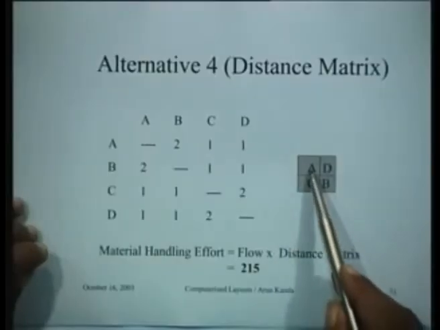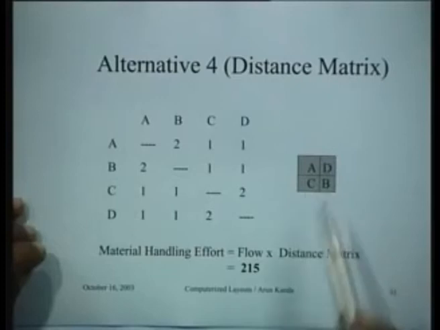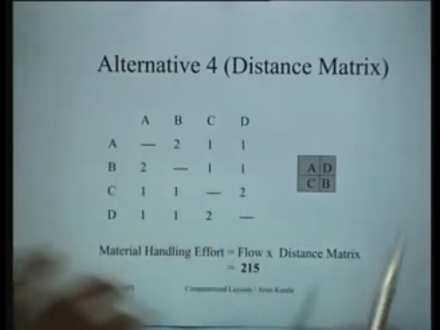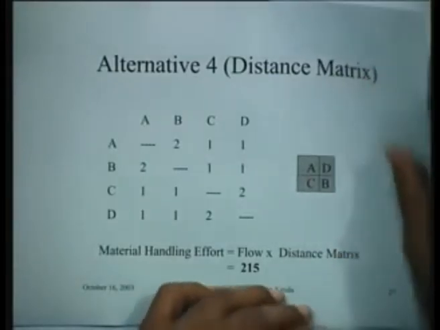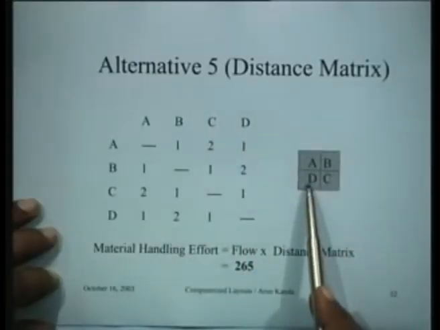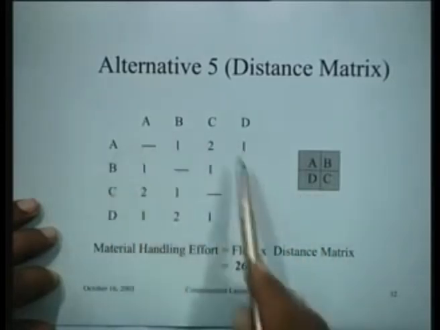Alternative 4, again this is the new layout, A, D, C, B in this fashion, and again the material handling effort would be the flow matrix multiplied with this distance matrix, and this value is now 215. For the fifth alternative, the layout is A, B, C, D this way. The distance matrix is something like this.